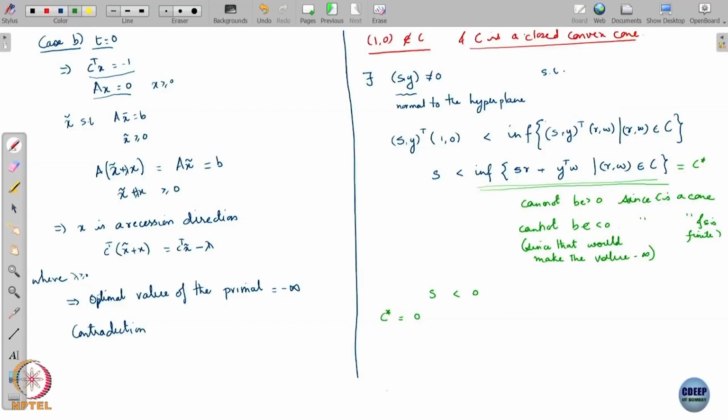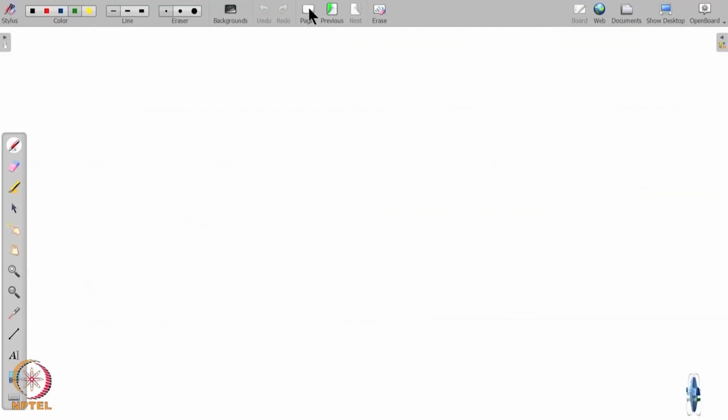Now, since the optimal value is 0, what this means is, let me go to the new page. C star is equal to 0, which means basically the infimum of S r plus y transpose w, as r comma w ranges in C, is equal to 0.